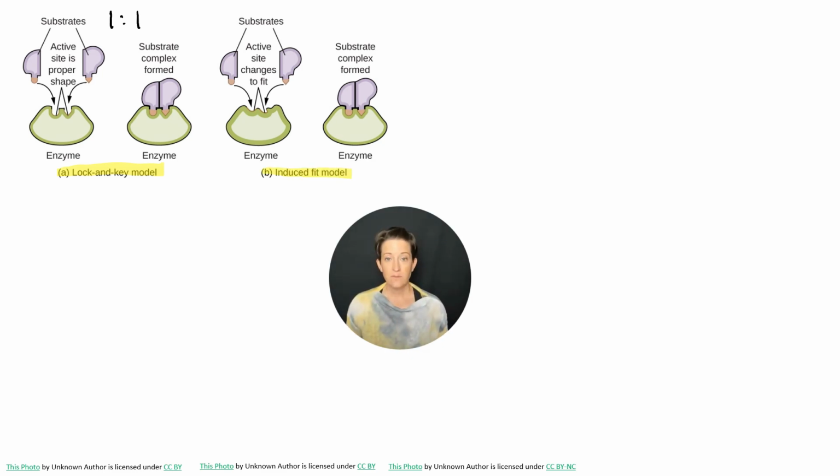The induced fit model has also been called the hand and glove model, which means there's a general shape within that active site that will conform and move around the substrate. So like hand and glove. This is my daughter's glove, right? It's not necessarily going to fit my hands, but it's got the same general shape.